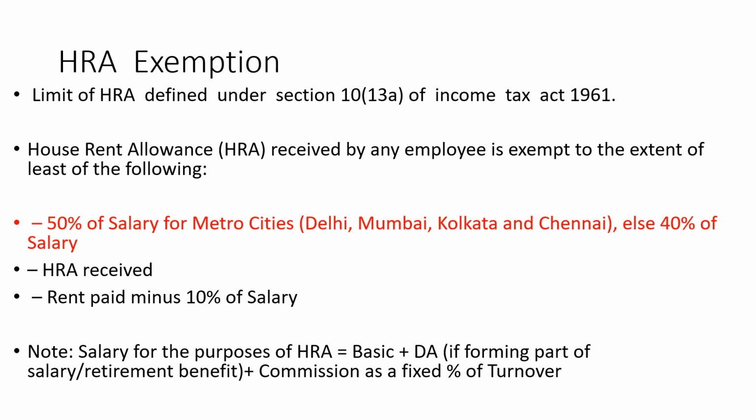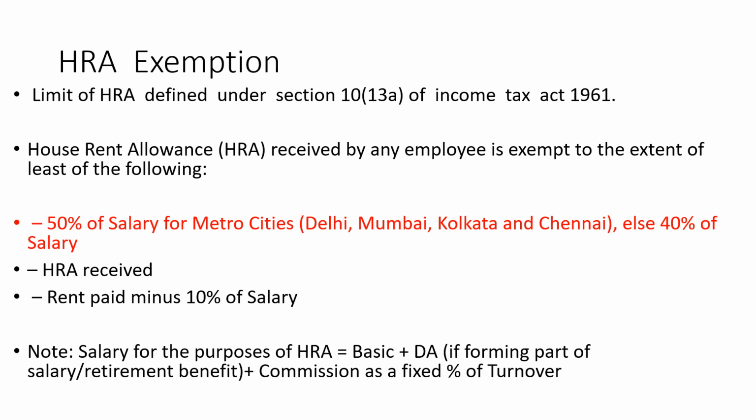For cities other than metro cities, 40% of salary. Next, the actual HRA received, whatever HRA you have received. And third, rent paid minus 10% of salary. The least of the following three will be exempted from the individual's income tax liability.